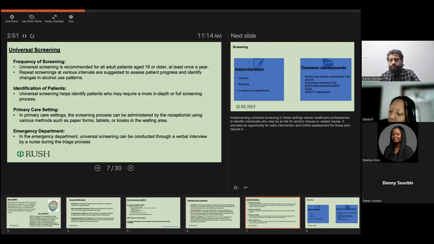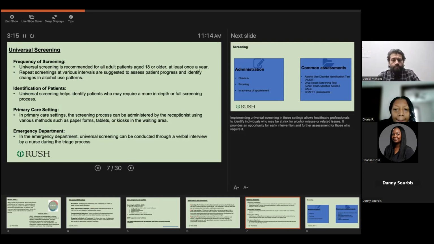I have a question, Deanna. For this screening process, would someone only use it if they thought the individual was suffering from substance use disorder, just by asking a series of questions? Yes, it's the AUDIT and DAST.